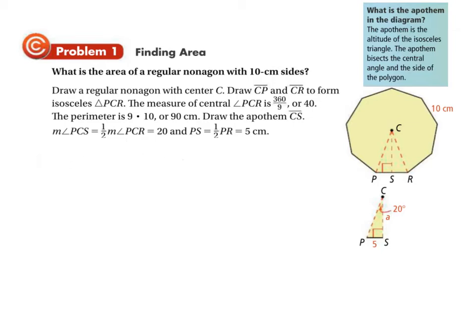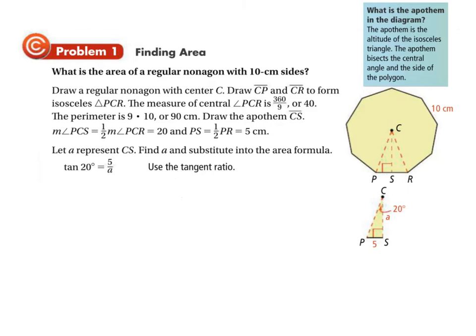Now, let A right here represent that apothem, CS. We're calling it A for apothem. Find A and substitute it into the area formula. Well, the first thing we have to do to find it is, if we have this angle of 20 and we have the opposite side and are looking for the adjacent side, we use tangent.